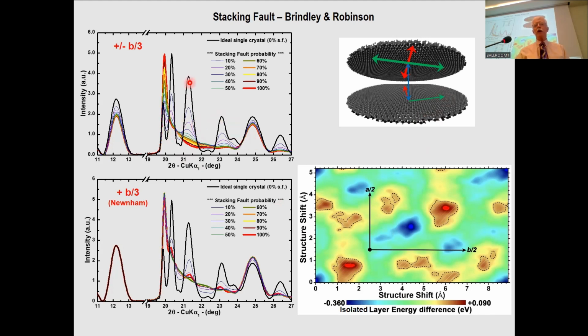So you can see how the diffraction patterns change in this so-called 02-11 region, going from something like kaolinite, three-dimensionally ordered, to turbostratic, as you add in these plus or minus B over 3, or what Bob Noonan suggested, just plus B over 3.